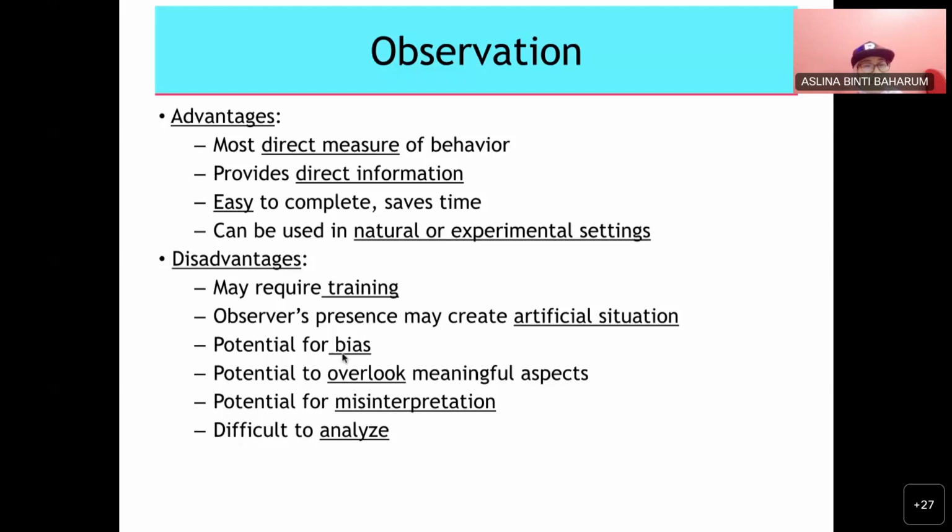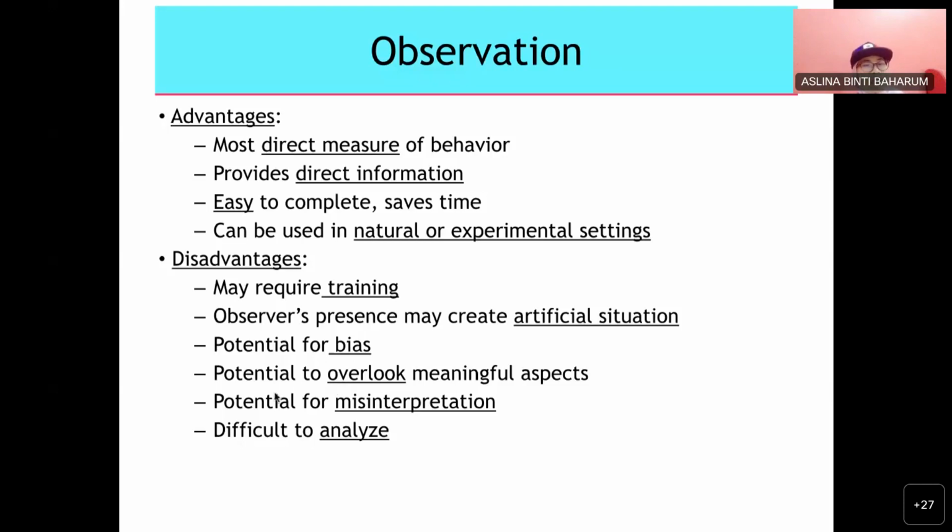Something like that can be bias because the group of your target user is your friends, right? Or you tell them, I want to do observation that day, please pretend that we are not there. So it's not natural. It's based on what you tell them to do.